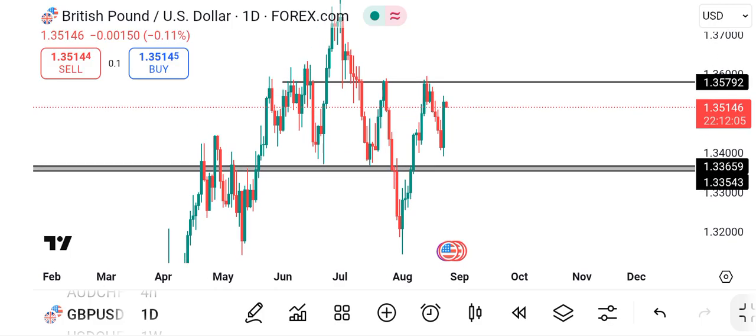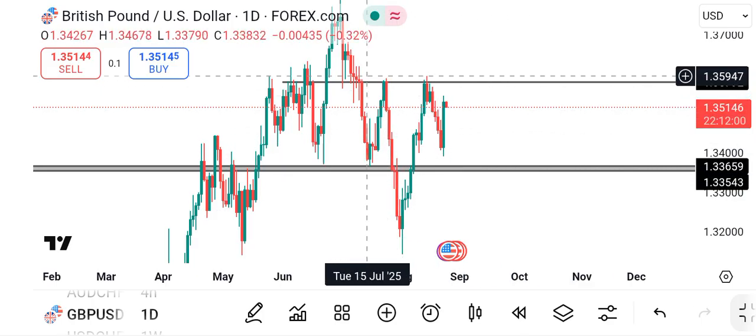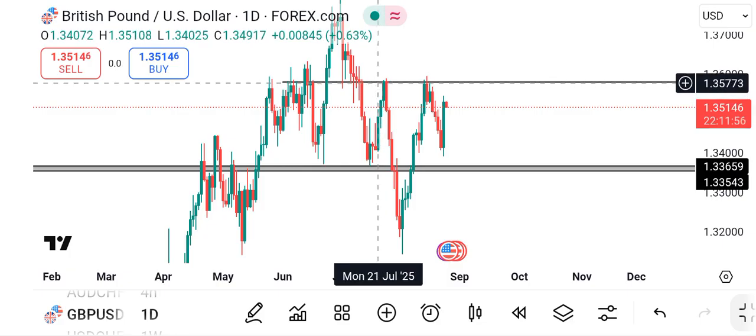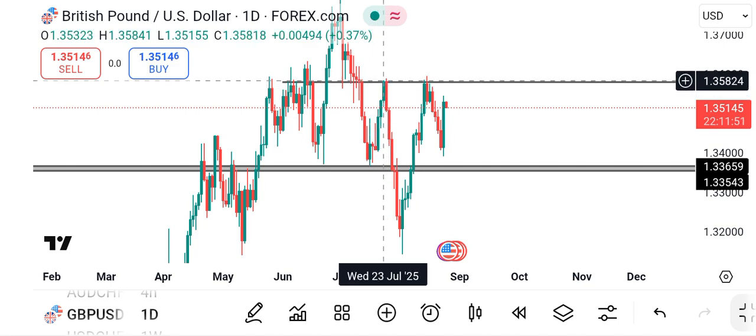You all know last week I called this particular zone. I've been calling this zone, saying that until we are able to break and sustain it, we are still technically bearish.